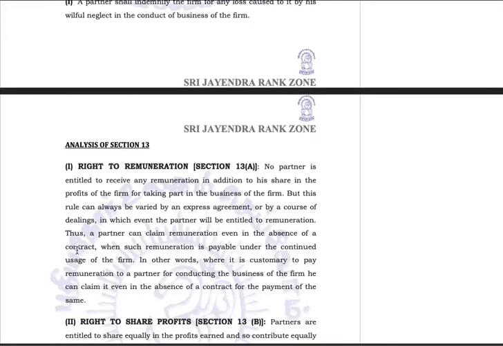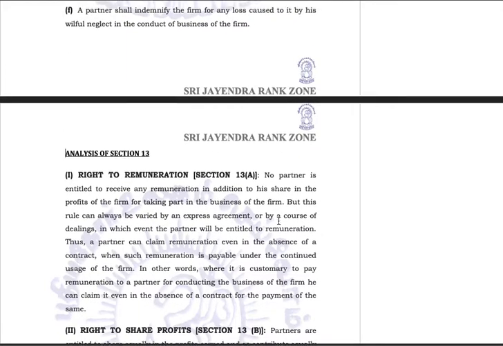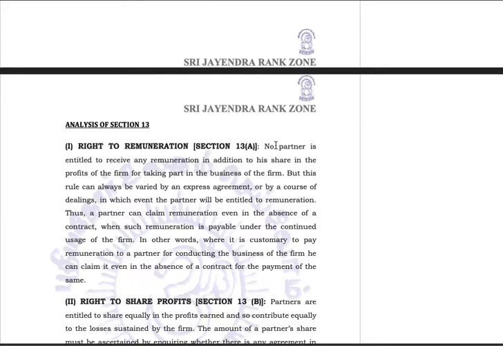Analysis of section 13. We will quickly read it because we have already done the discussion. No partner is entitled to receive any remuneration in addition to his share in the profits of the firm for taking part in the business of the firm. But this rule can always be varied by an express agreement or by a course of dealings, in which event the partner will be entitled to remuneration.